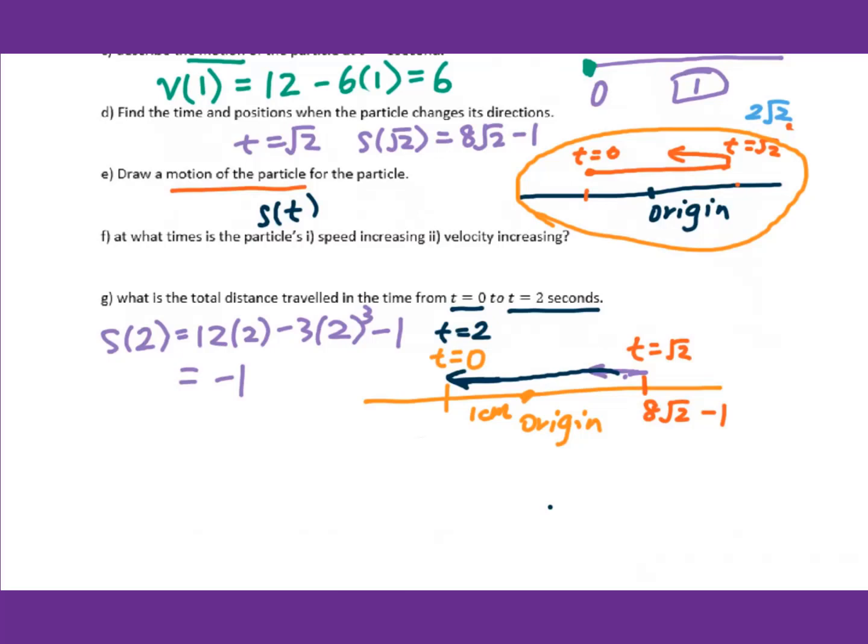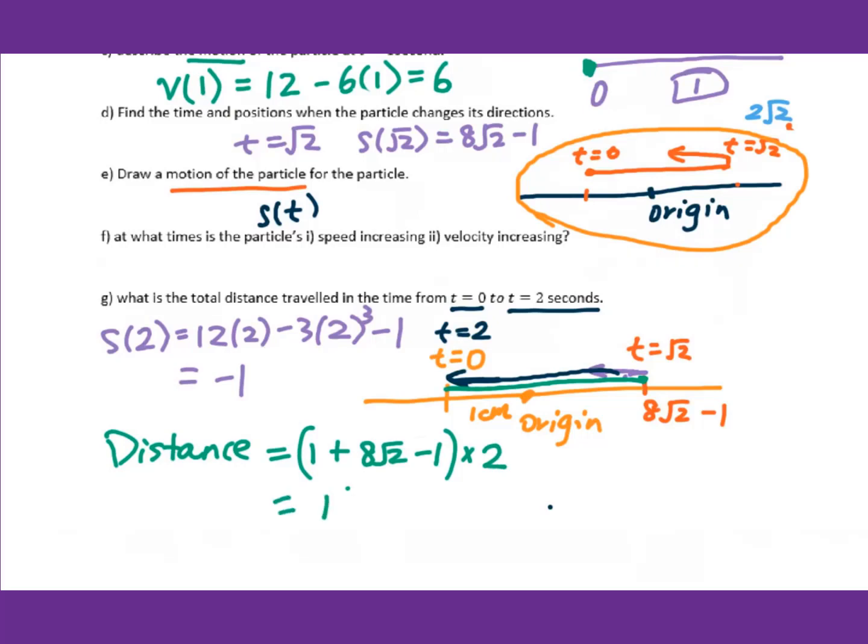Therefore, how far they traveled from the very beginning, go here, then go back again. So the distance the particle traveled equals 1 plus 8 square root of 2 minus 1, then multiply by 2. You will get 16 square root of 2 centimeters.